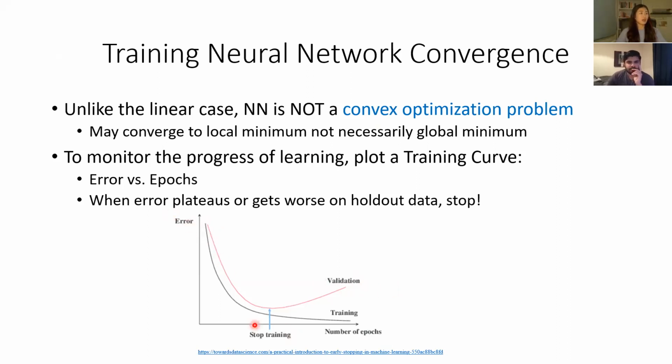So we'll see what the performance is like. Once we know the validation data set doesn't perform as well as before, then we know it's time to stop the training, around here. That was what we mentioned last time.